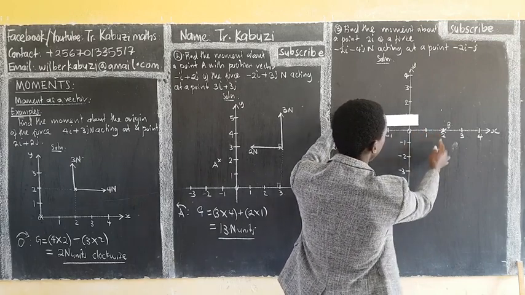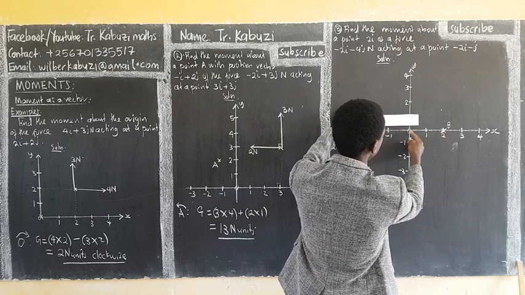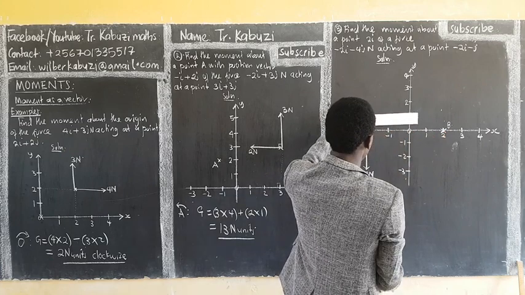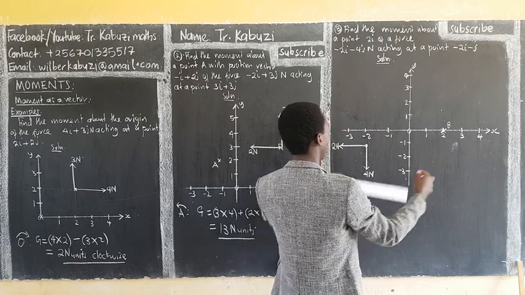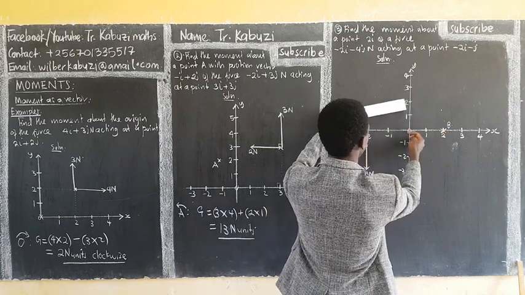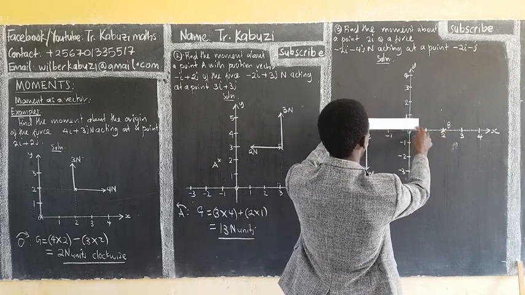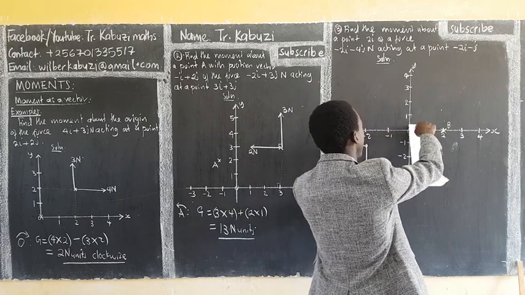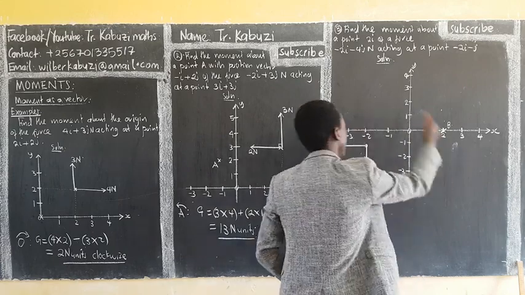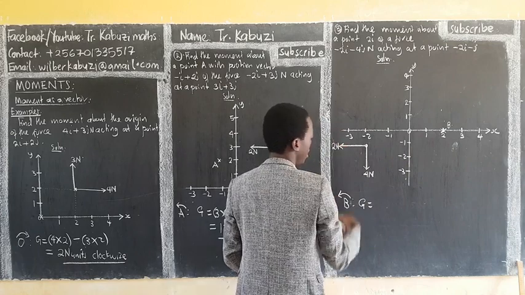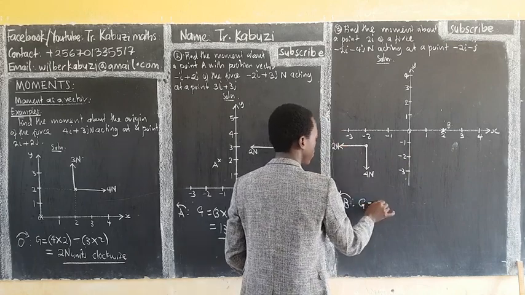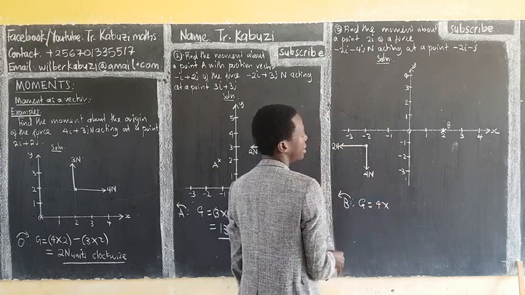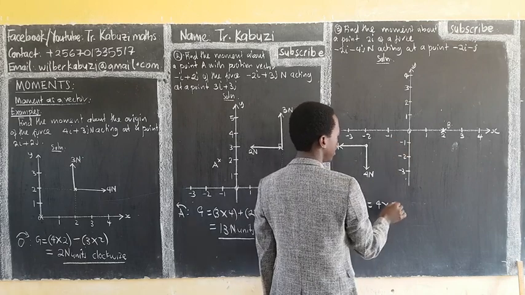How many do we have? 1, 2, 3, 4. It's going to go anti-clockwise, and we are taking also anti-clockwise, like this. So the force is 4 newtons, times the perpendicular distance, which is 4.